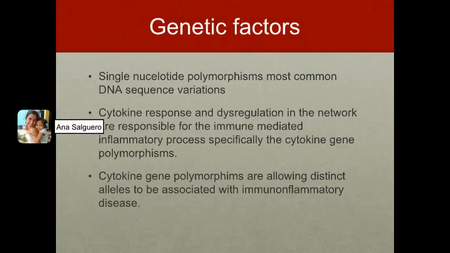As far as genetic factors that affect ITP, single nucleotide polymorphisms are the most common DNA sequence variations. Usually, cytokine responses and dysregulation of the network are what's responsible for the immune-mediated inflammatory response. Cytokine polymorphisms allow distinct alleles to be associated with the immunoinflammatory disease process of ITP.